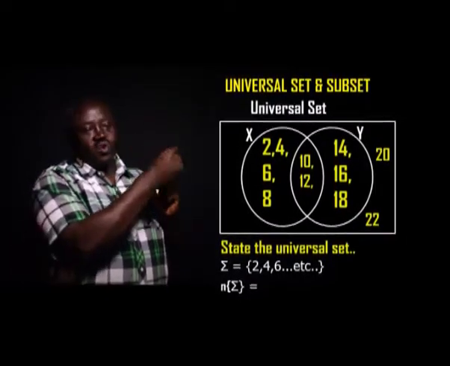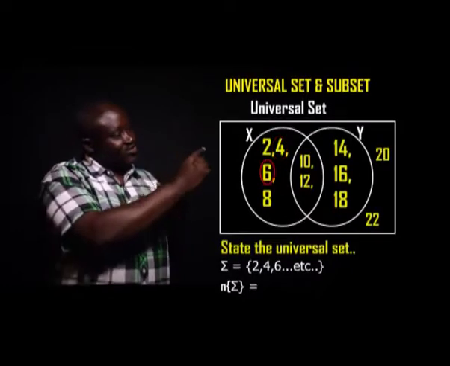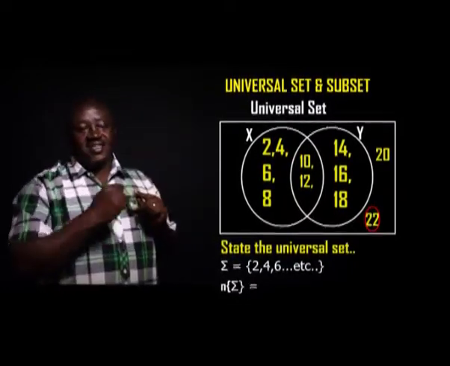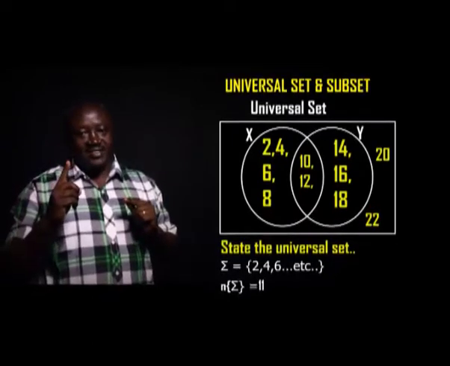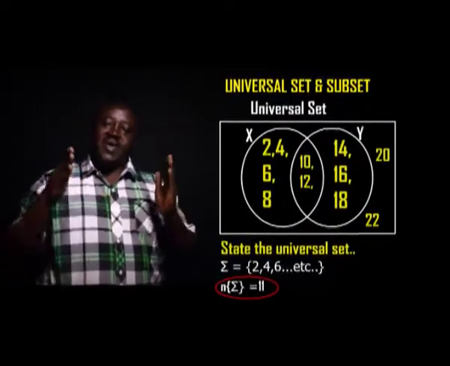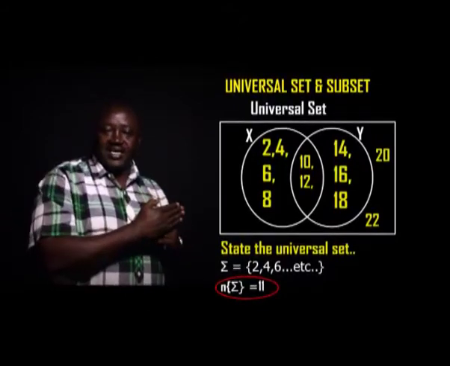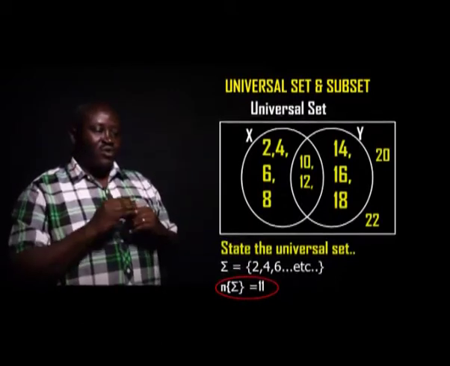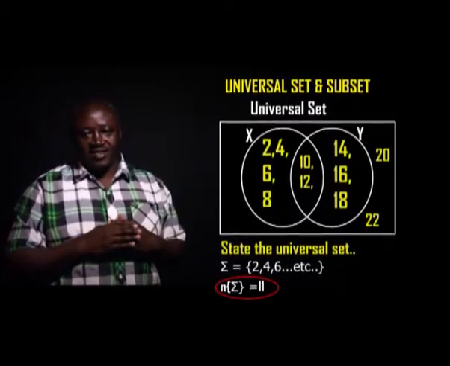Just count 1, 2, 3, 4, and if you count all these members, they will give you 11 members. Therefore, the number of members in this universal set is 11. And that's how we look at universal set.